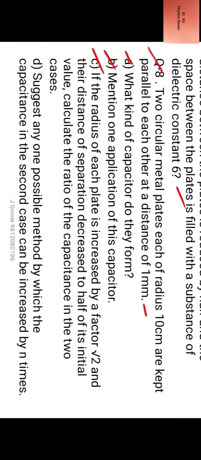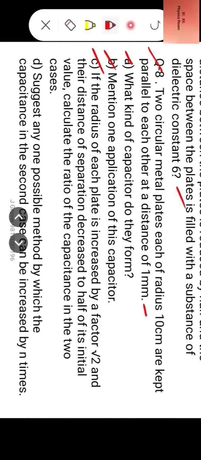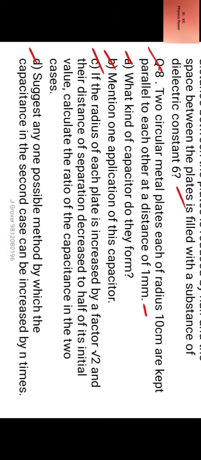B. Mention one application of this capacitor. C. If the radius of each plate is increased by a factor √2 and their distance of separation decreased to half of its initial value, calculate the ratio of the capacitance in the two cases. D. Suggest any one possible method by which the capacitance in the second case can be increased by n times.